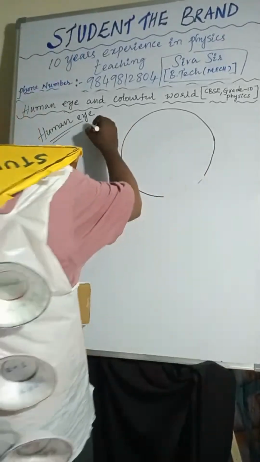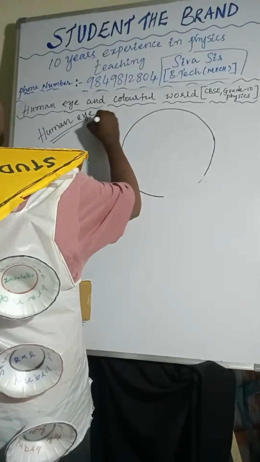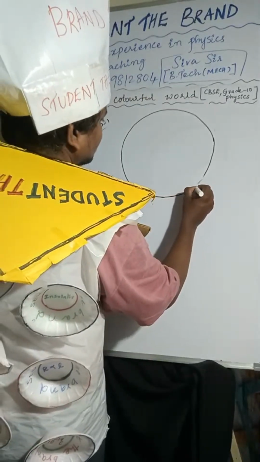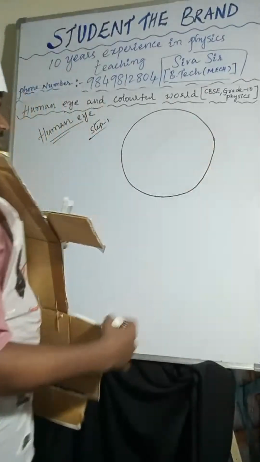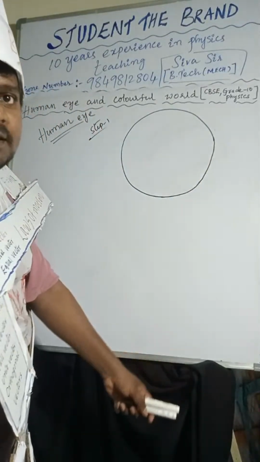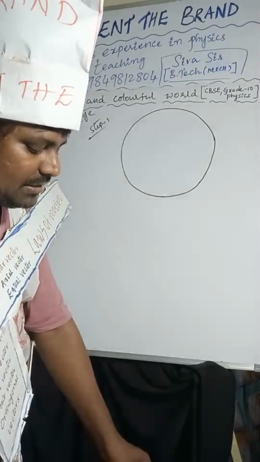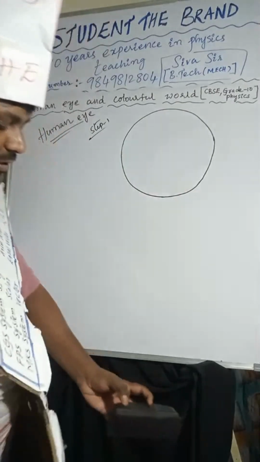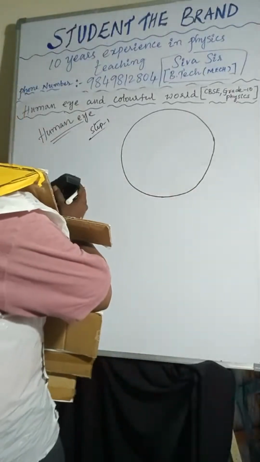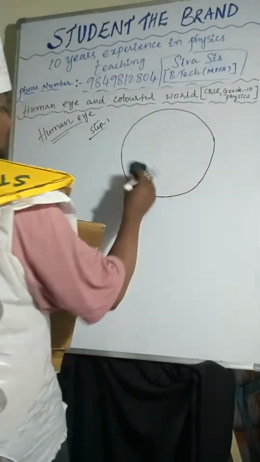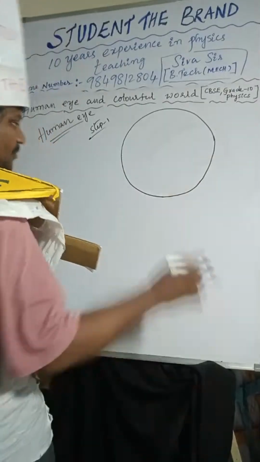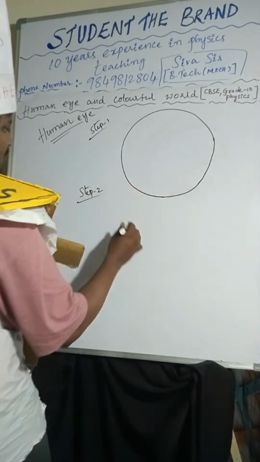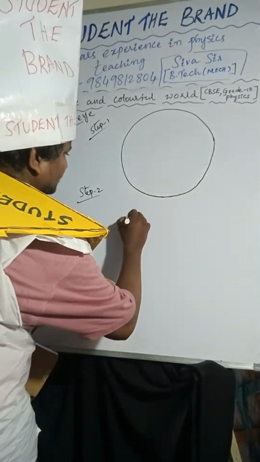This is step 1. After drawing the complete circle, you must arrange the front and back portion. You have to arrange the portion like this. I'm drawing here itself. Otherwise, I'll draw one more diagram, a second diagram. Step 2, I'm drawing step 2 for you.